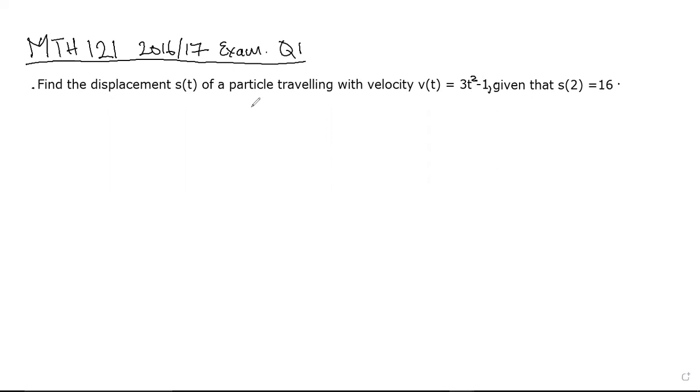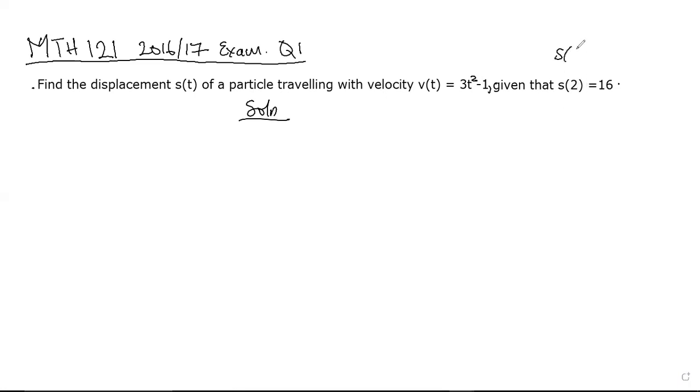Now, solution. We have to find the displacement s of t. That means we have to find an expression, an equation, for the displacement of a particle traveling with this velocity, and we have been given the equation for the velocity. Then, given that s of 2, that means the displacement at t equals 2.